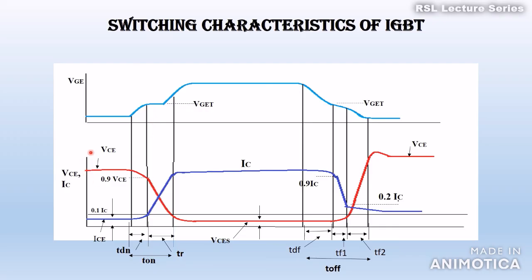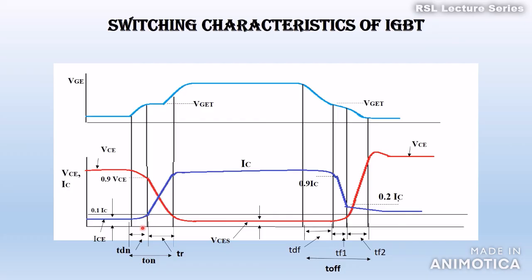Whenever the switch is turned on, the collector emitter voltage will start falling from its initial value VCE to 90%. At the same time, the collector current will start rising from its minimum value, leakage current ICE, to 10% of IC. So during this interval, the collector emitter voltage will fall, whereas collector current will rise.